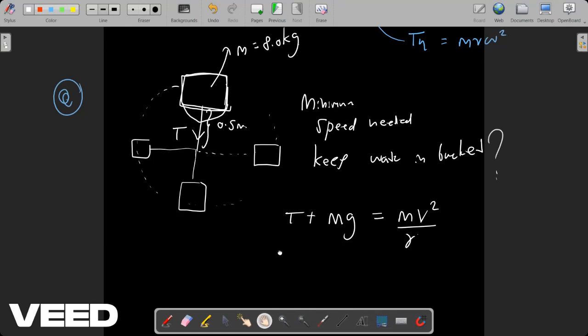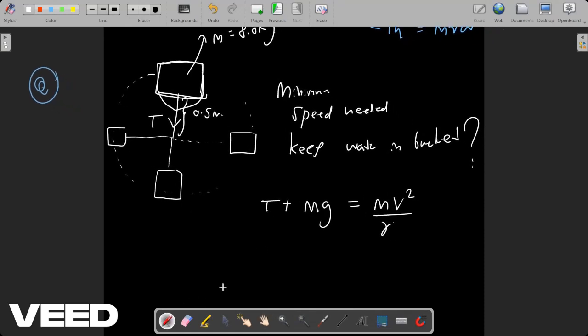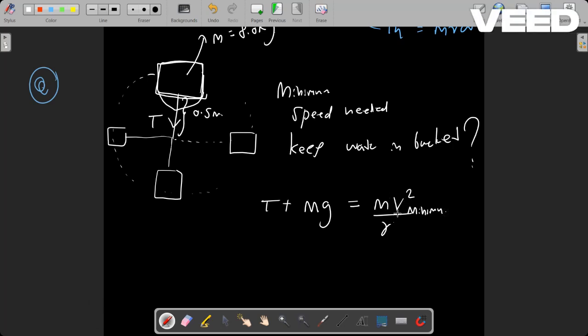Now remember, we are asking for the minimum velocity. The velocity will be minimum when, now this is force, no? The addition of these two is the centripetal force.